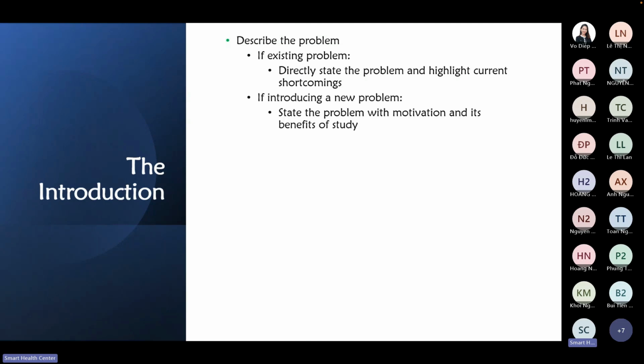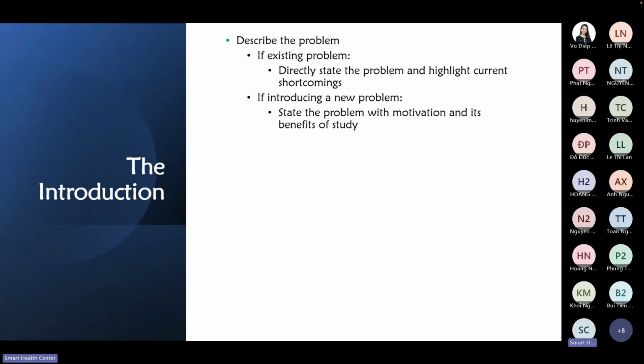But if you introduce a new problem, you have to spend some time here to justify the motivation and its benefit of study. Why people spend several months to investigate this problem. Okay, so if the problem is new, that's why when you pick up any problem to study, you saw some papers published before that are very long, right?